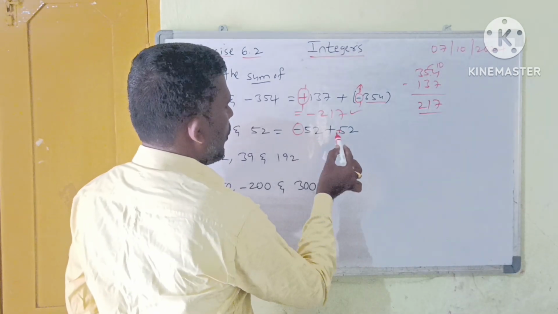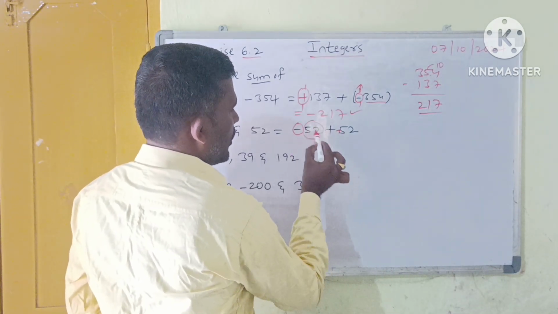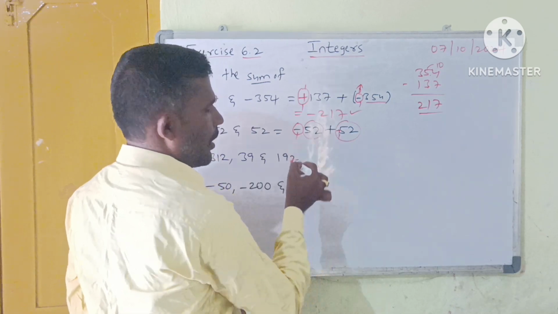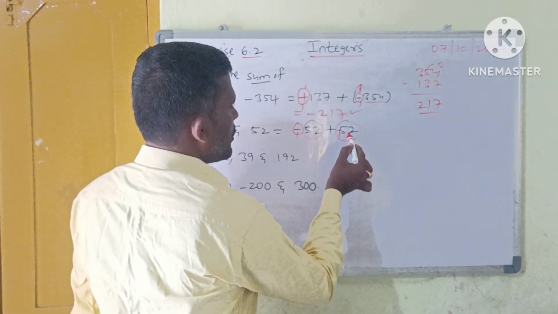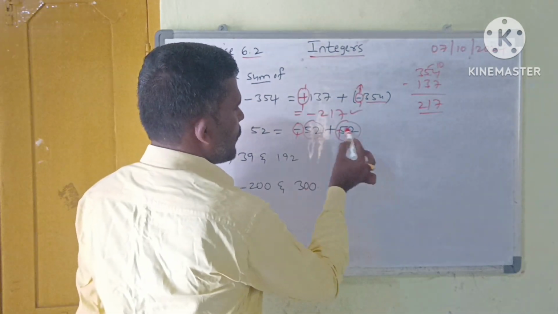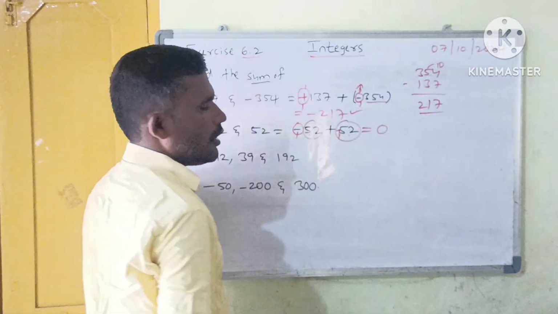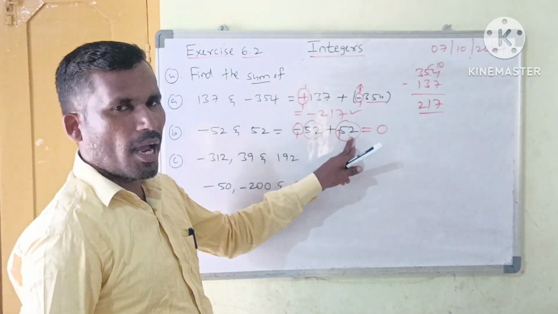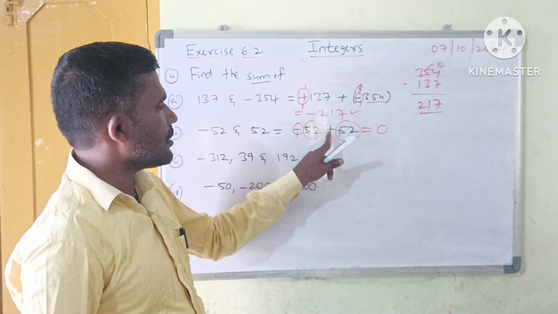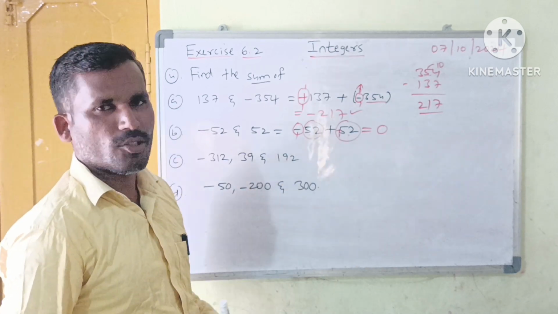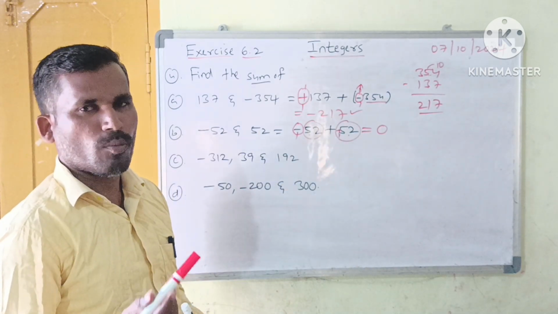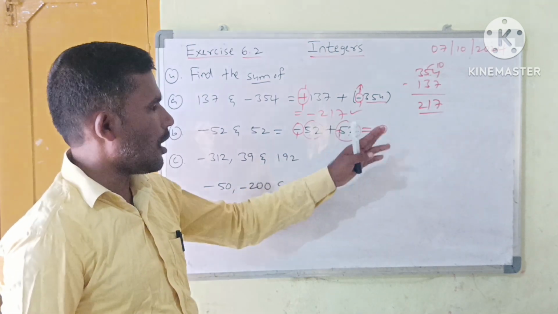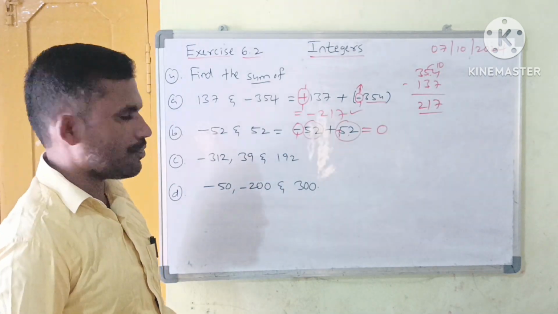So when we have the same value with opposite signs, here plus, here minus, you have to subtract. 52 minus 52 is 0 only. So when the quantity is the same and the signs are different, we get 0. Likewise 1 minus 1, 2 minus 2, minus 100 plus 100, all of these will give 0.